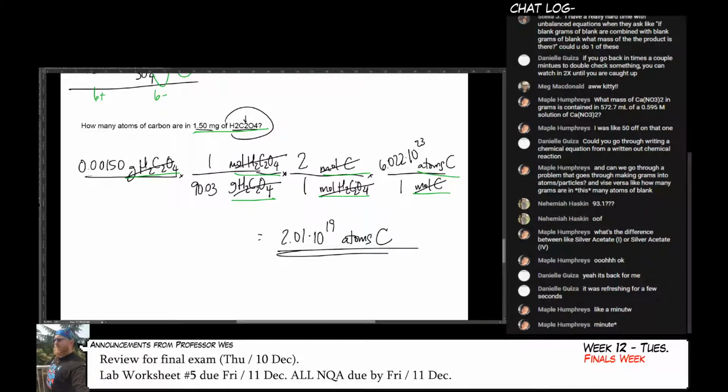And so that would be atoms. And the relationship between atoms and moles is always Avogadro's number. The other relationships we have done in previous problems, so you recognize them. Okay. That's all I got.